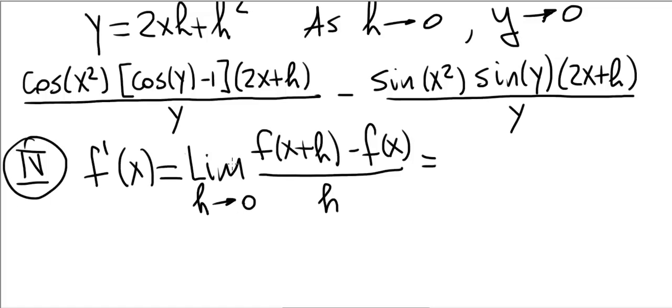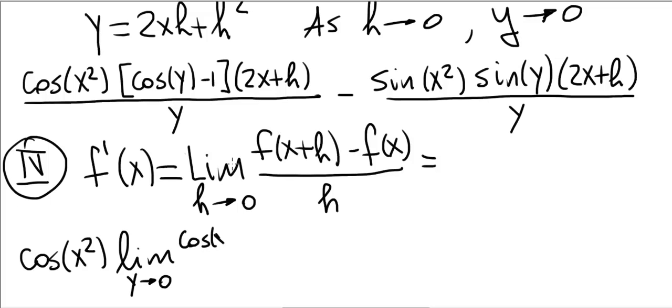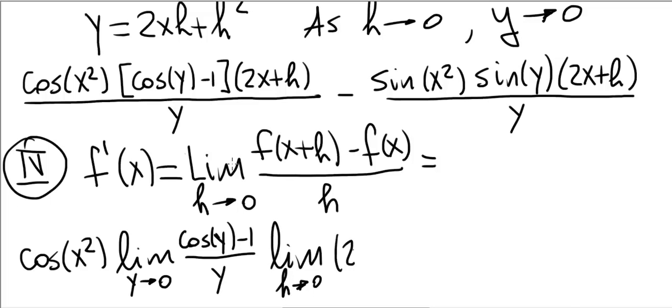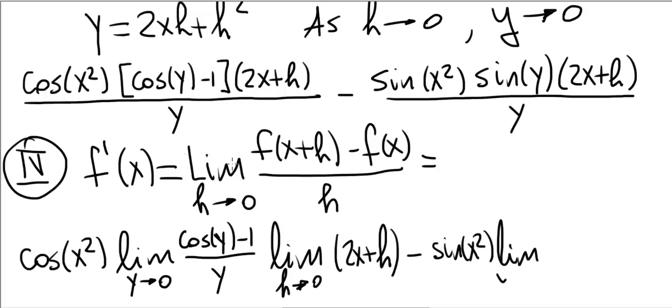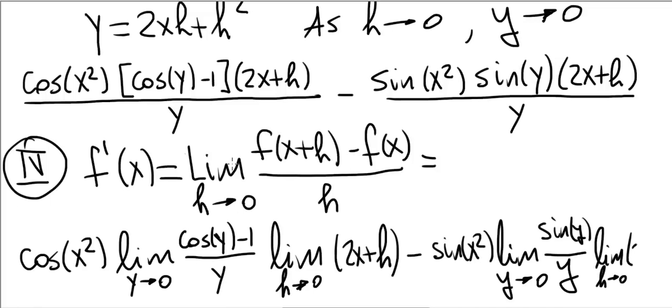Since cosine of x squared does not depend on y or h, we can just put it in front, cosine of x squared, and then we have the limit as y approaches 0 of cosine of y minus 1 divided by y, and then the limit as h goes to 0 of 2x plus h, minus, similarly here, we have sine of x squared times the limit as y goes to 0 of sine y divided by y, and finally the limit as h approaches 0 of 2x plus h.